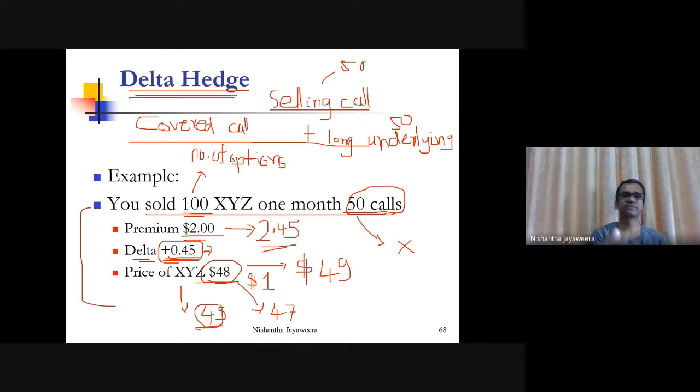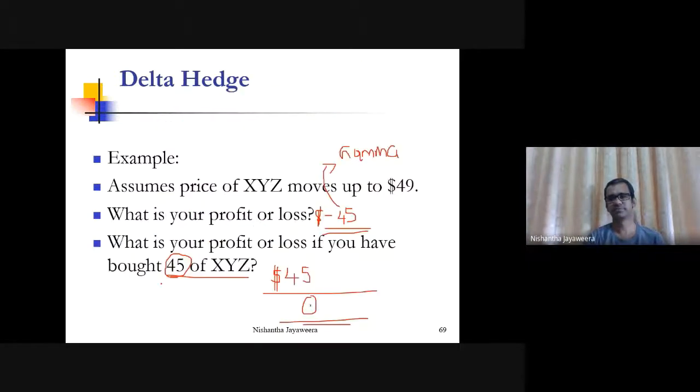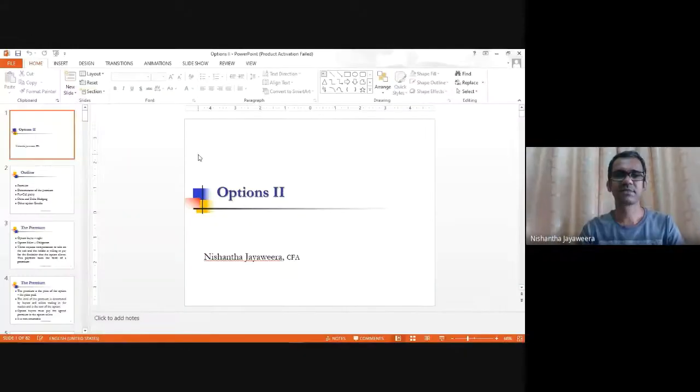So therefore, this delta hedge is a dynamic process. At least every day, you have to rebalance your portfolio. Keep buying or selling underlying asset or options to bring it neutral. Shall we stop there?